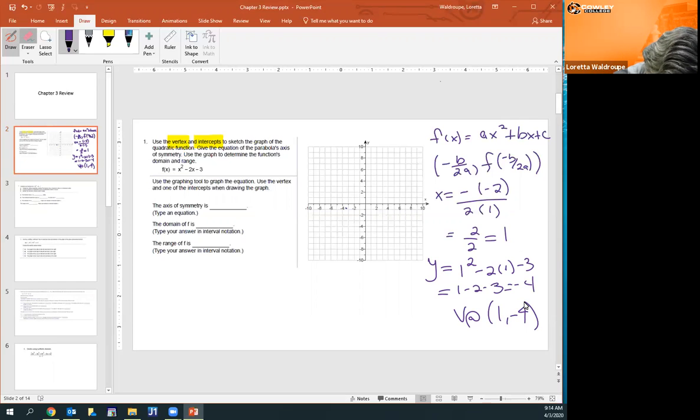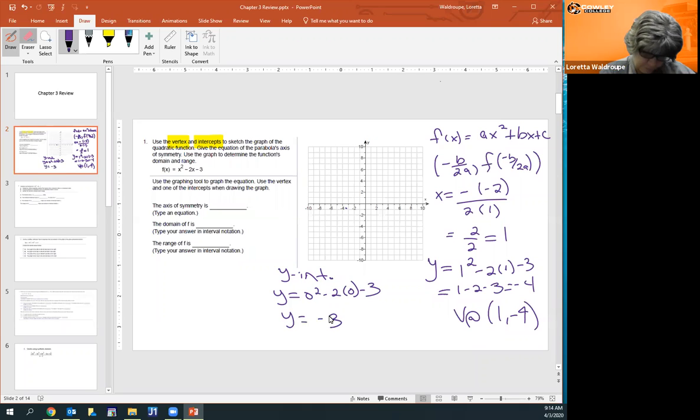Okay? To find your y-intercept, because that's the easiest one to find, you put a 0 in for x. Okay?